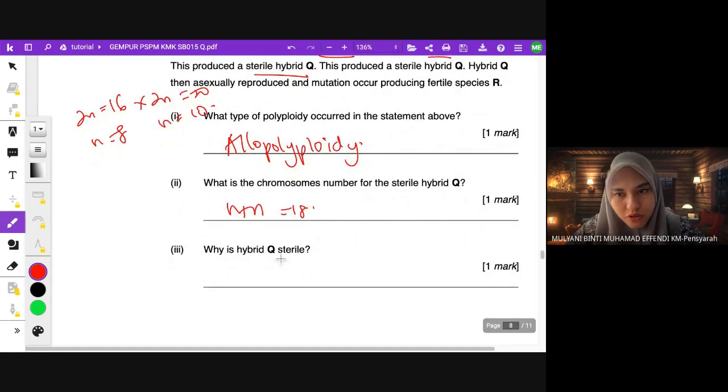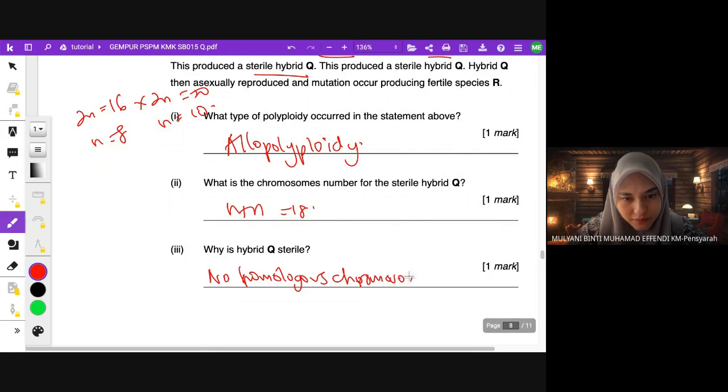Why is hybrid Q sterile? So macam biasa, kalau dia sterile, dia have no homologous chromosome present. Okay, no homologous chromosome.